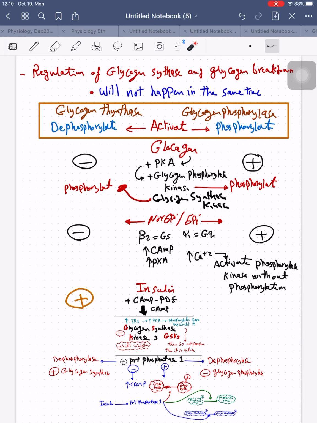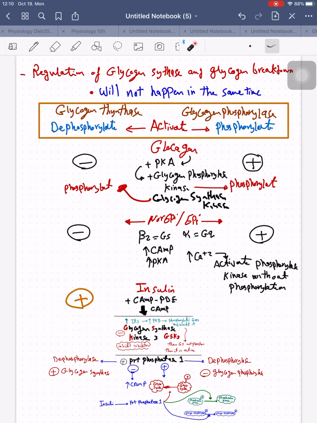So let's say now that we have two main enzymes: one enzyme which builds up glycogen and one enzyme which breaks down glycogen. The one which builds up is glycogen synthase and the one which breaks down is glycogen phosphorylase.